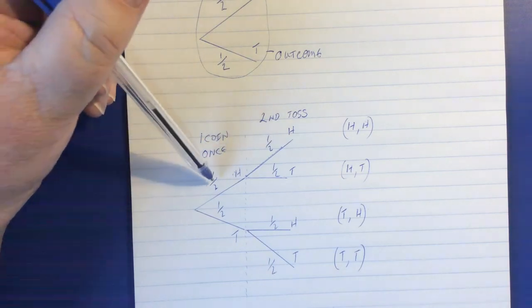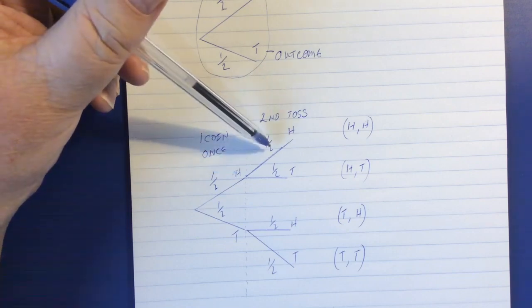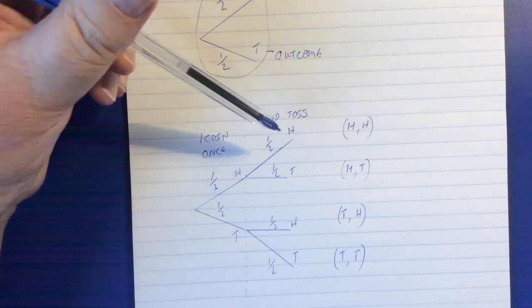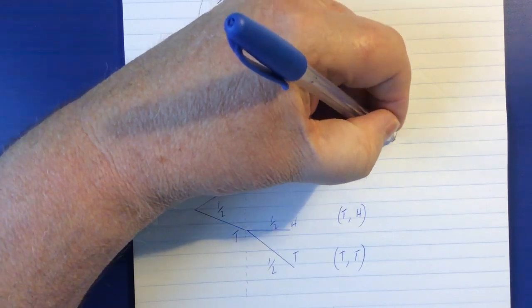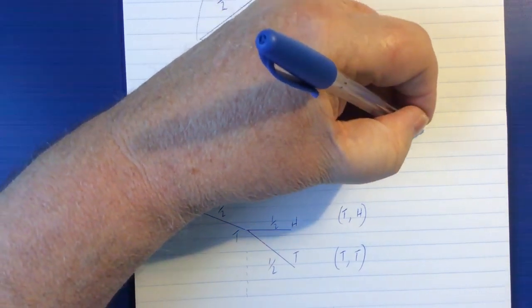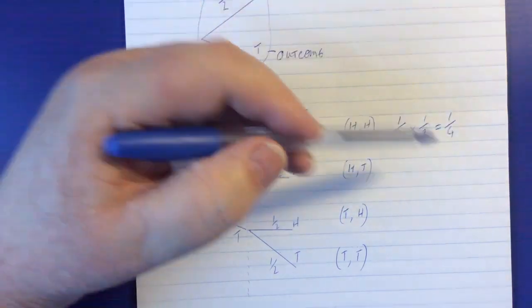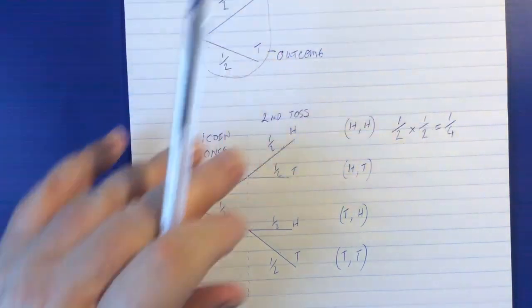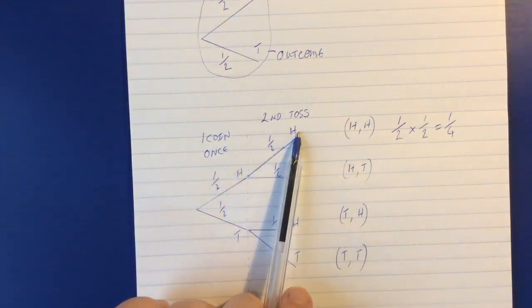Now, if we want to work out the probability of getting a head and then a head, all we have to do is multiply the probability of the first by the probability of the second, and we get 1/4. We have a probability of 1/4 of getting a head followed by a head.